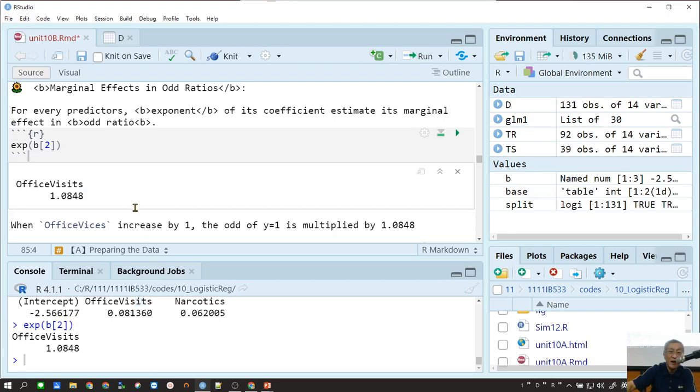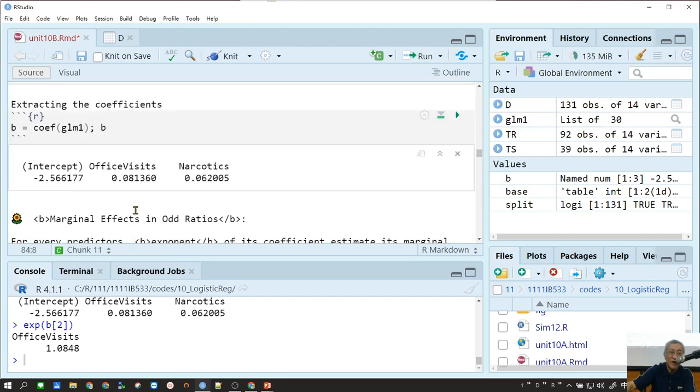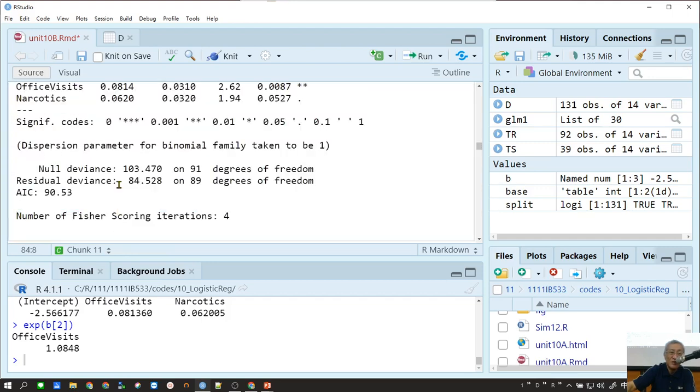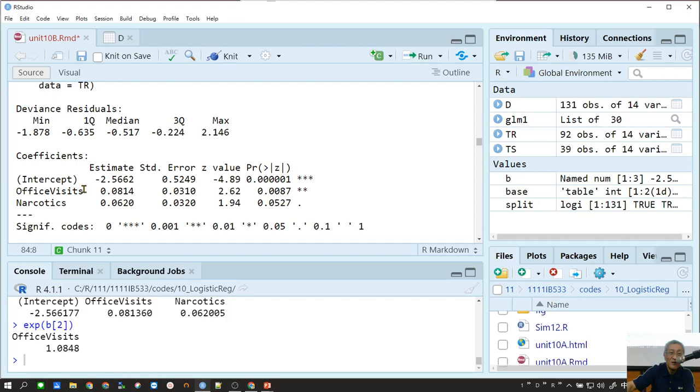Which means that if x2 is increased by 1, B2 actually corresponds to this one.